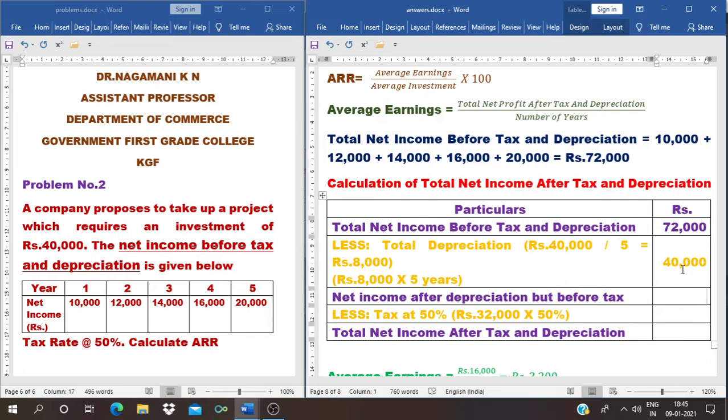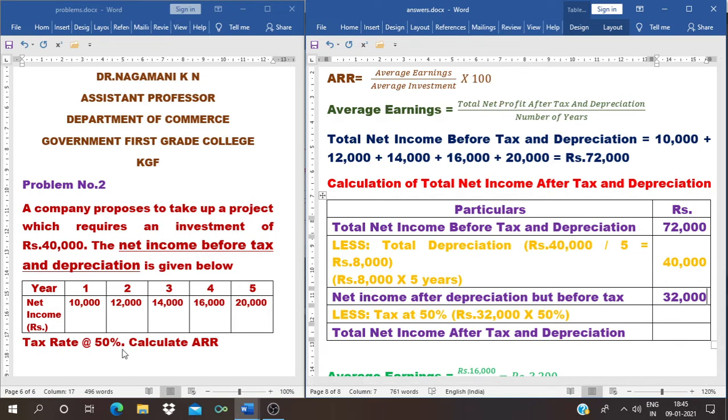Next, after deducting depreciation from the net income before tax and depreciation, we will get net income after depreciation but before tax. That is 72,000 minus 40,000 is 32,000. From this, we should deduct tax.